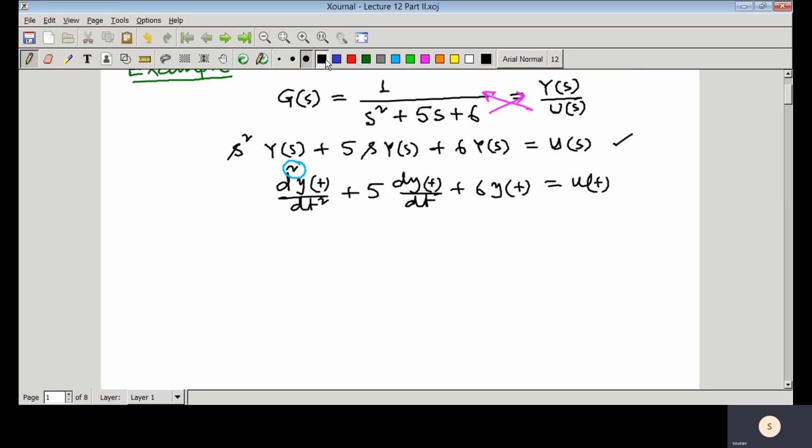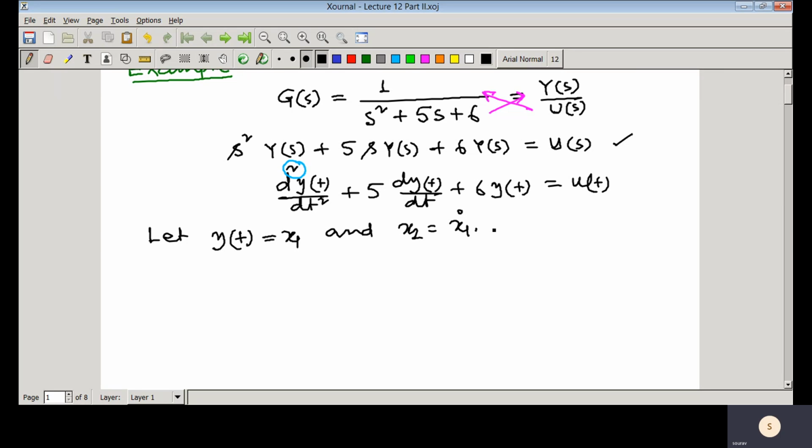So let us define the state variables. Let y(t) equal to x1 and x2 equal to x1 dot.